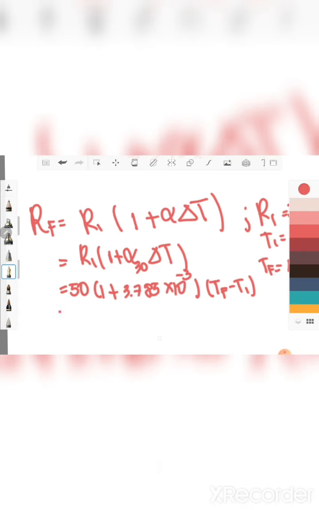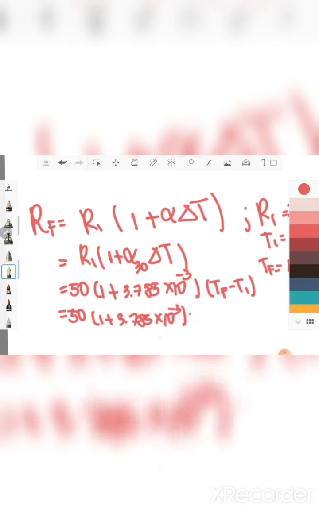We have 50 multiplied by 1 plus 3.785 times 10 raised to negative 3 multiplied by our TF, which is 100 degrees Celsius, minus our TI, which is 30 degrees Celsius.